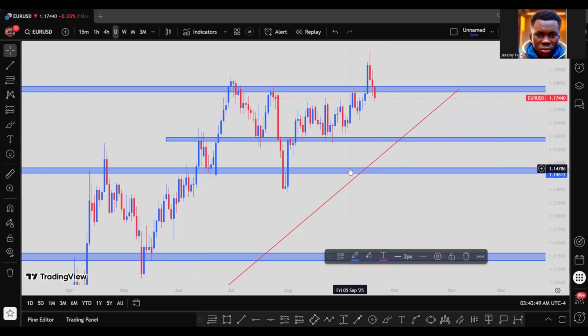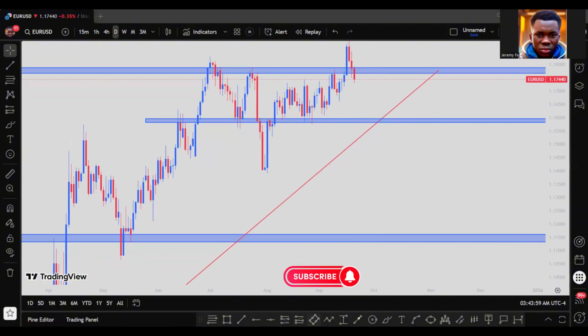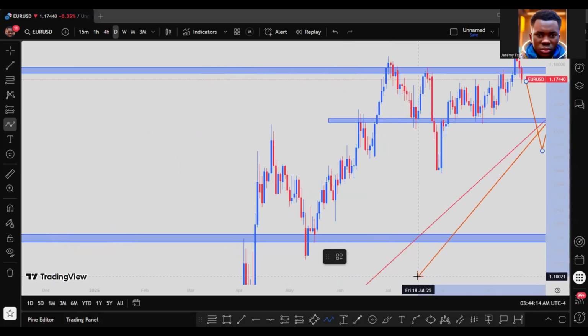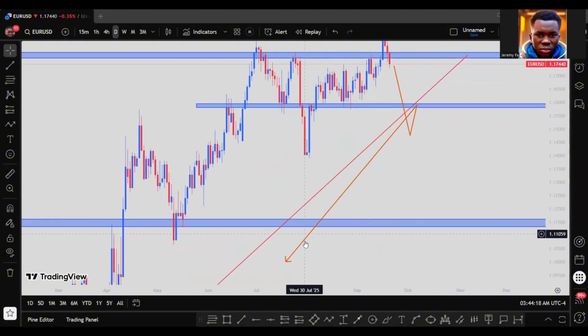If price continues moving back to the downside from here and we have a break of this minor level and a break of this trend line, then I'll be waiting for maybe a little test of it. Then I'm going to be shorting the market back to the downside. That's just how I'm going to get into this trade.